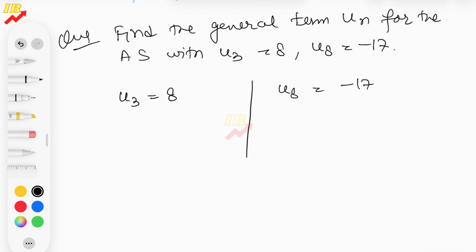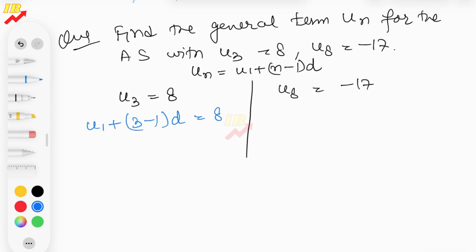So we know the general formula, un is equal to u1 plus (n minus 1) times d, right? We always know the formulas, but we don't know how to plug them in, right? So that is what I'm teaching you here, which is u1 plus (3 minus 1) times d is equal to 8.